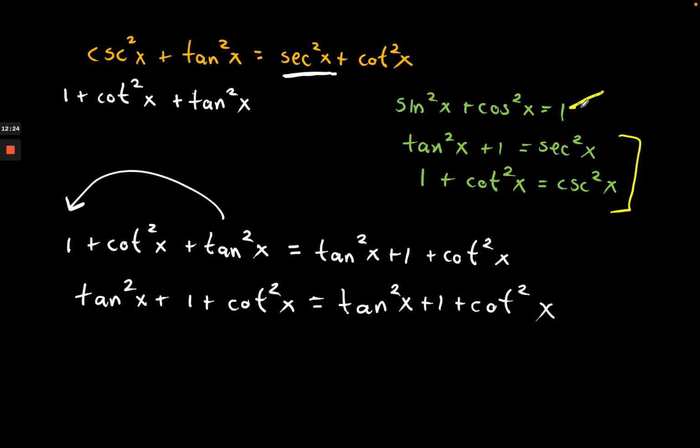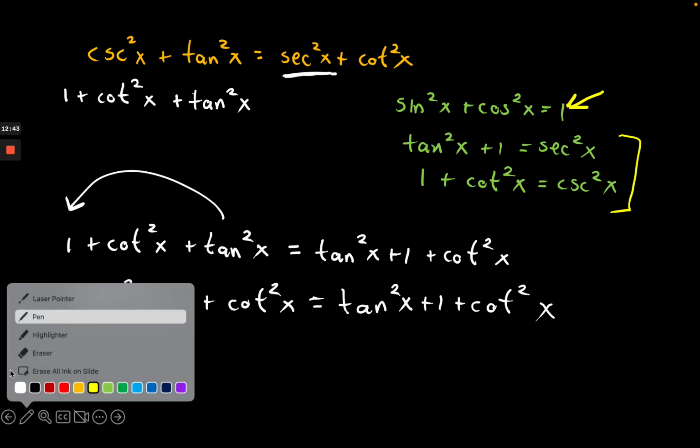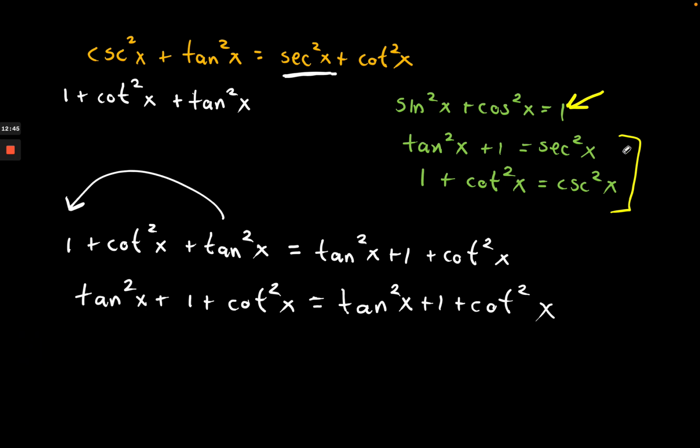I have this one memorized. Then if I divide by cosine squared, I get tangent squared, I get 1, and I get secant squared. If I divide everything by sine squared, I get 1, cotangent squared, cosecant squared. So I don't have them memorized. I just figure them out.